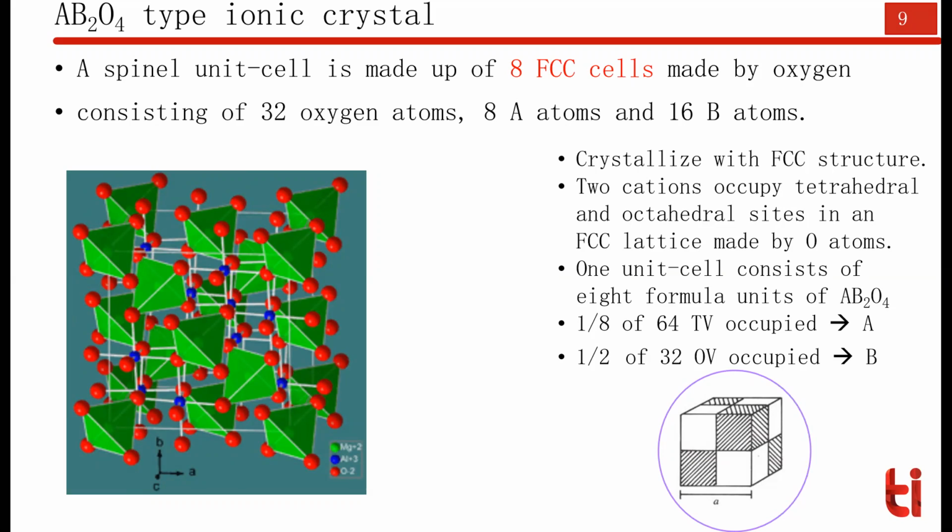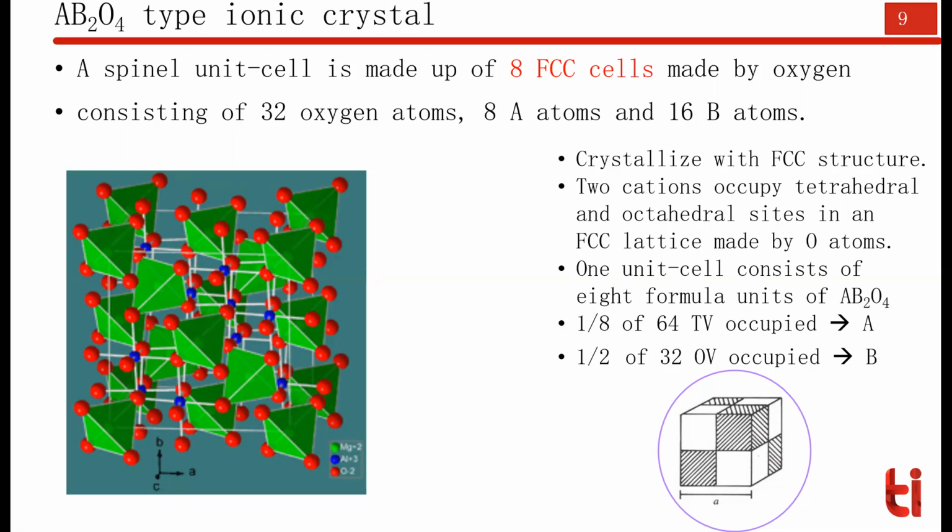If you look in the region which I have just circled, you can see that your entire unit cell whose edge length is equal to A is in fact made up of small subunit cells which are also cubic, and they are 8 in number. You can count, there are 8 small cubes make the larger cube, and those 8 cubes are also shaded in 2 different colors. One is shaded with lines while the other one is plain, or you can say bright white.